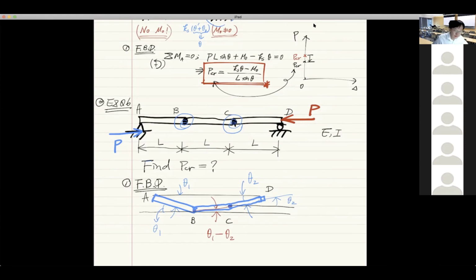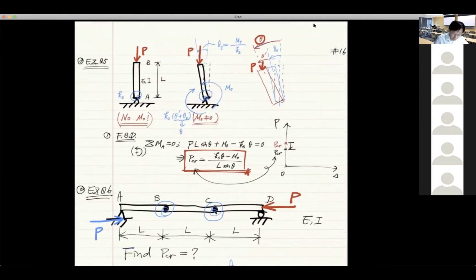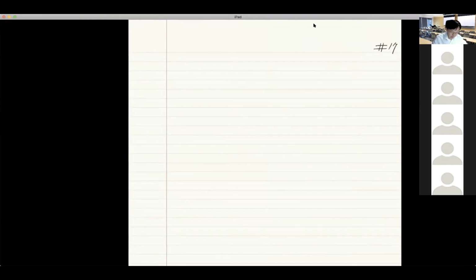Now, when we are taking the force equilibrium, we have to know the amount of internal moments acting on both members. So by looking at the first member, and this is page 16, we're going to add another one, that will be 17. So in step 2, we consider member AB.